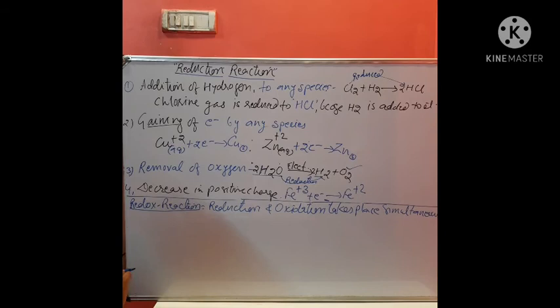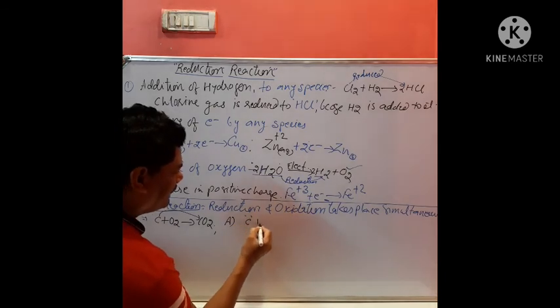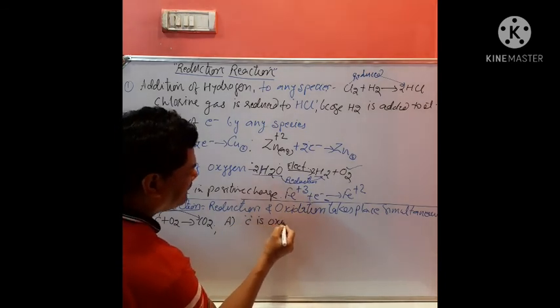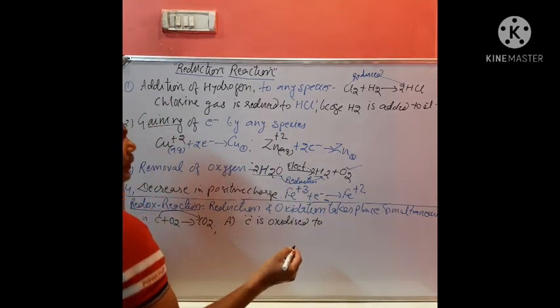Okay, I can tell you one very simple example. C plus O2 converted into CO2. Now let's take a simple example. What? Carbon is oxidized to carbon dioxide. Say, number A, we can say carbon is oxidized to what?